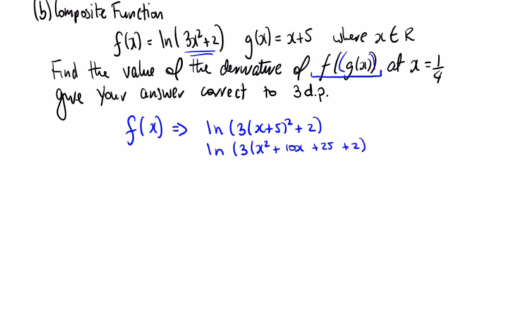The 2 is outside the bracket, so just be careful. It's the natural log of 3x squared plus 30x plus 75 plus 2, 77, if we just jump a step on.